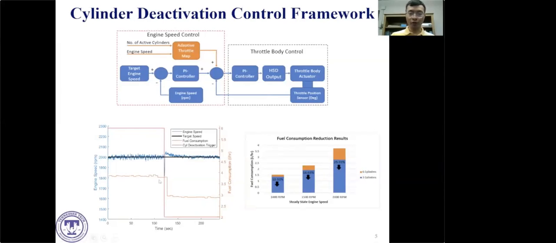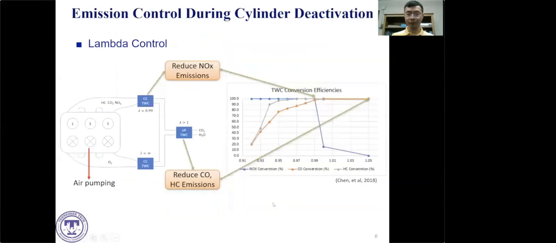We can also observe that the engine fuel consumption has been reduced significantly, by 25% at 2000 RPM. We also observe that as engine speed decreases, the fuel saving benefit decreases as well.